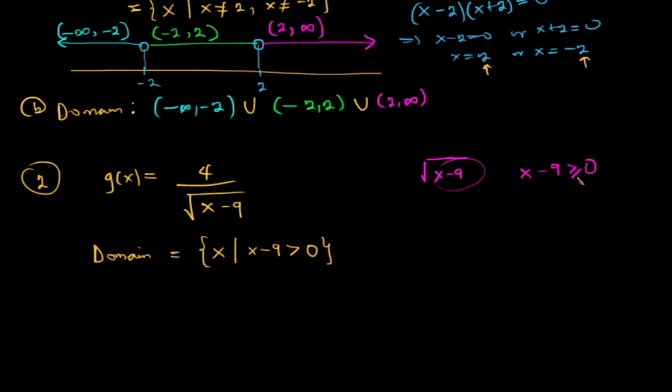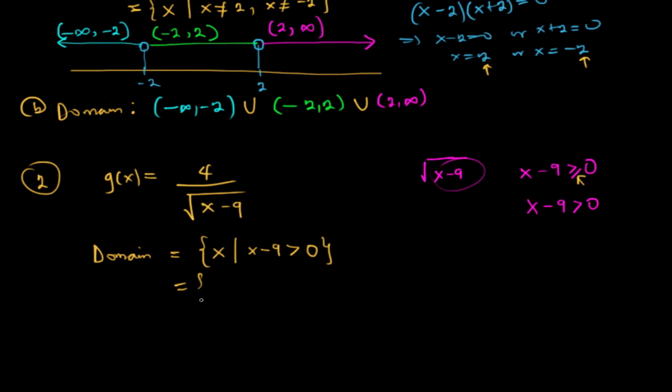But then the equality sign here is a problem, in the sense that when x minus 9 equals 0, the denominator here becomes 0. So the real domain should be the set of all numbers such that x minus 9 is greater than 0. We need to exclude all numbers that are going to make the function itself undefined. So this is the domain.